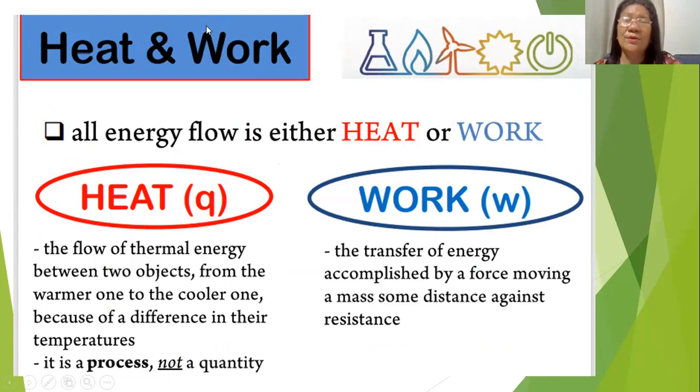So we already know the product of energy. All energy flows as either heat or work. Heat, what is heat? Heat is the measure of the coldness and the hotness of the body. What's work? Work is manifested when there is a force exerted over a certain distance.